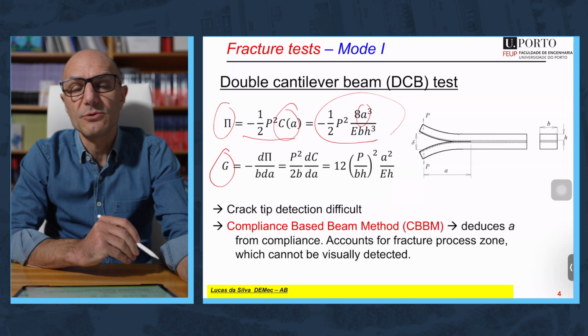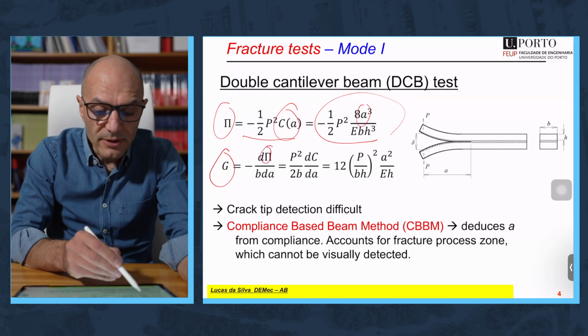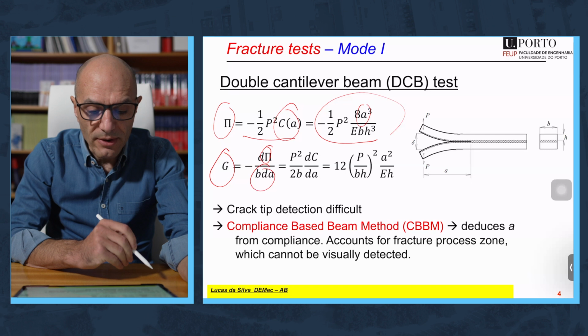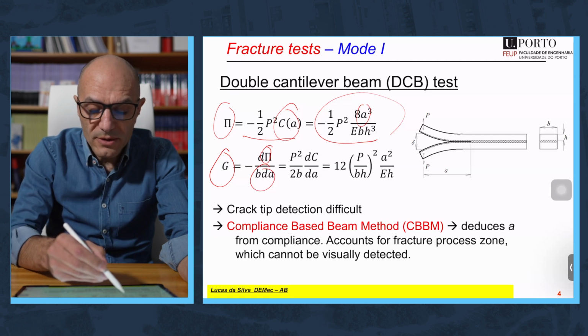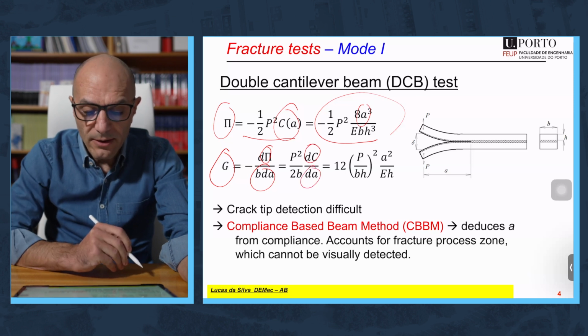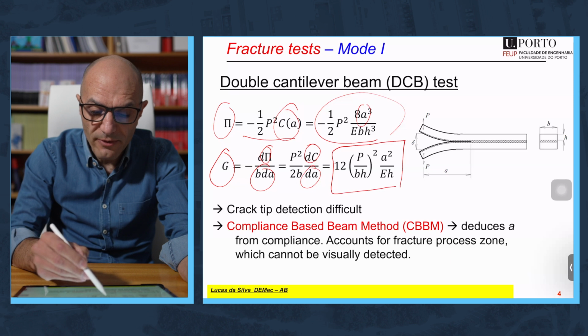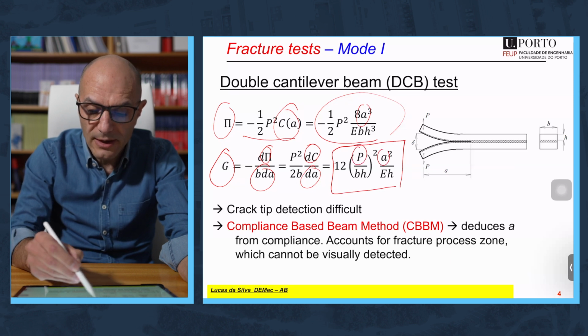By definition, the strain energy release rate is the variation of the potential energy per unit area, or you can do it as the variation of the compliance per crack length. The final expression is this. You have the load here, the crack length here.